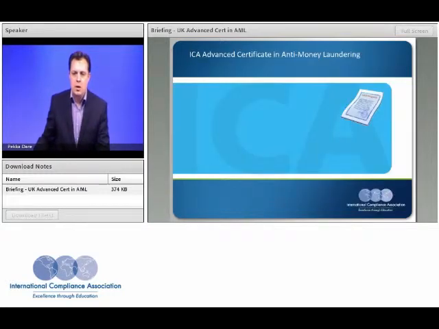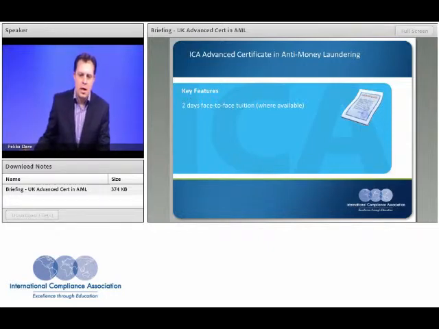Okay, so the Advanced Certificate in Anti-Money Laundering is delivered typically with 2 days of face-to-face workshops where available. If not, it will be delivered on a distance learning basis with a course workbook and a series of webinars.